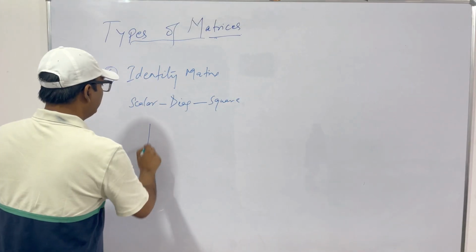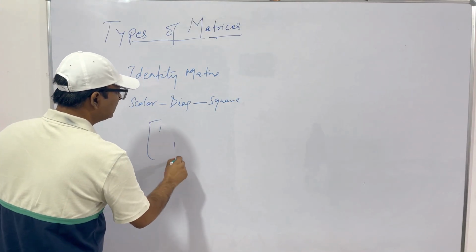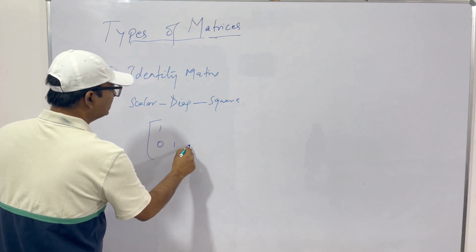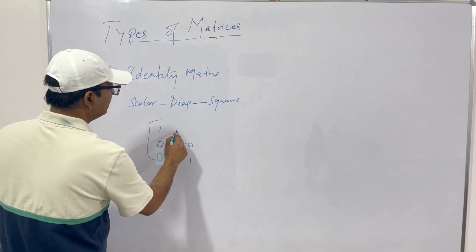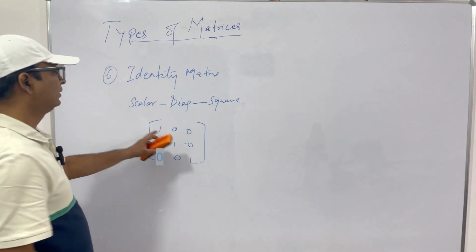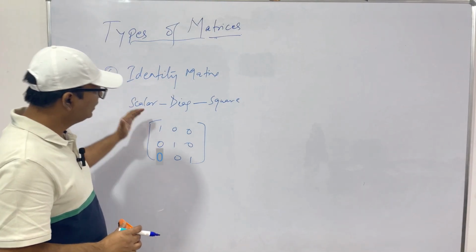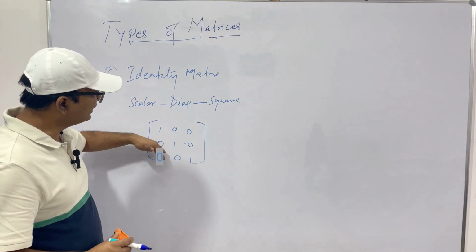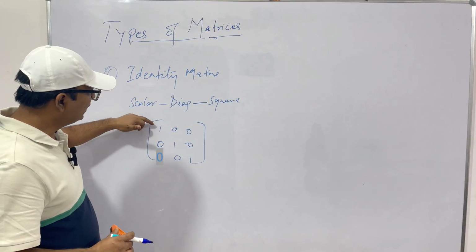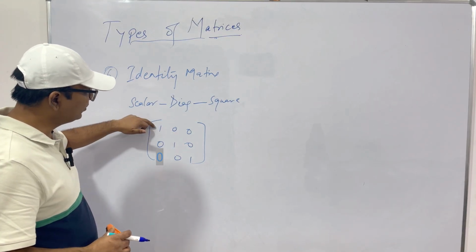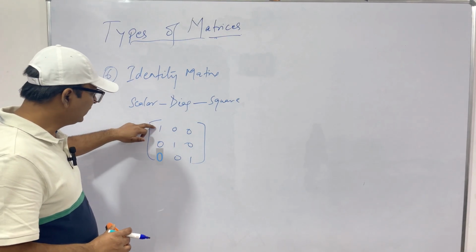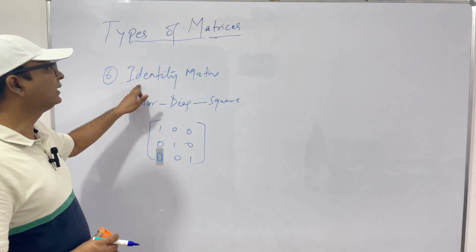So if all the diagonal elements are equal to 1, this is called an identity matrix. So it is a square matrix, all the non-diagonal elements are 0, and all the diagonal elements are the same. So it is scalar, and when all these elements are 1, it is an identity matrix.